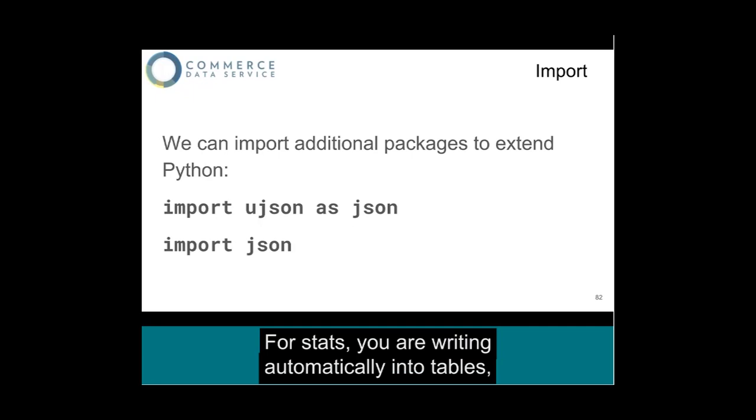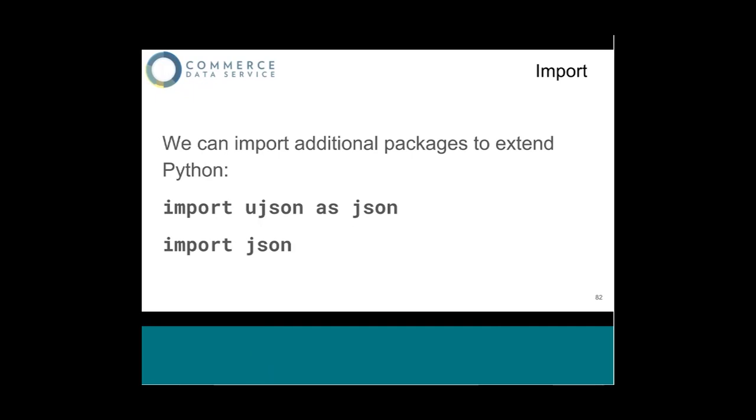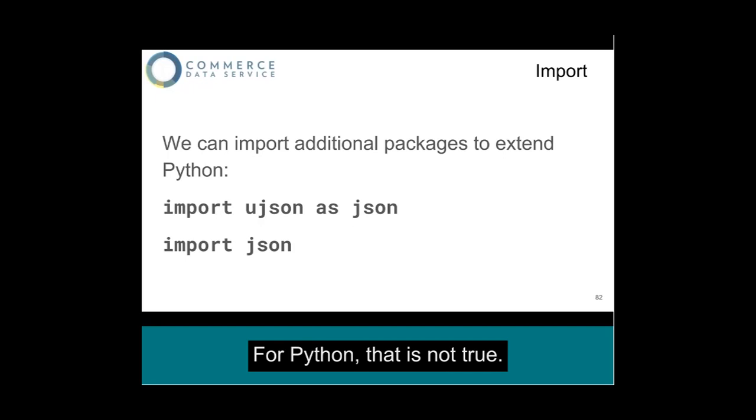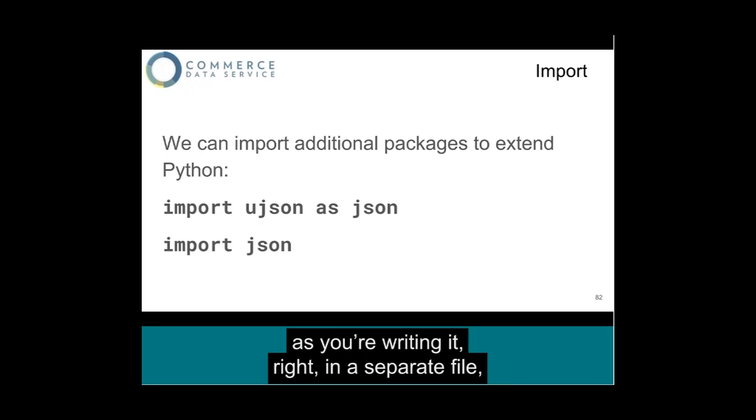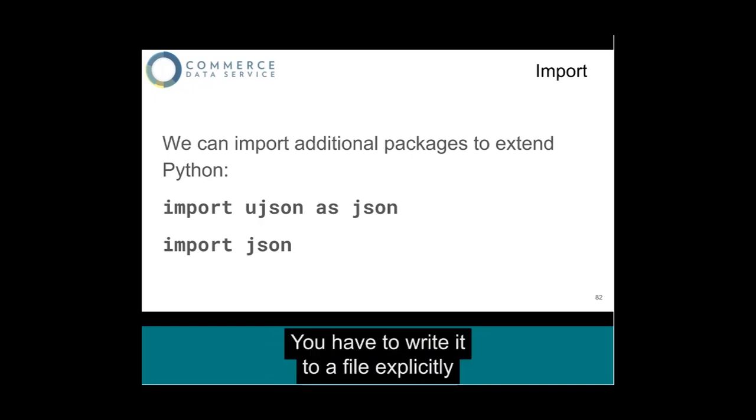In Stash, you're writing automatically to tables, and that output is automatically saved. For Python, that's not true. You don't really save the session. You can save the program as you're writing it in a separate file, but the dictionary or the list you built doesn't get saved. Either you have to write it to a file explicitly in your code, or it doesn't persist.